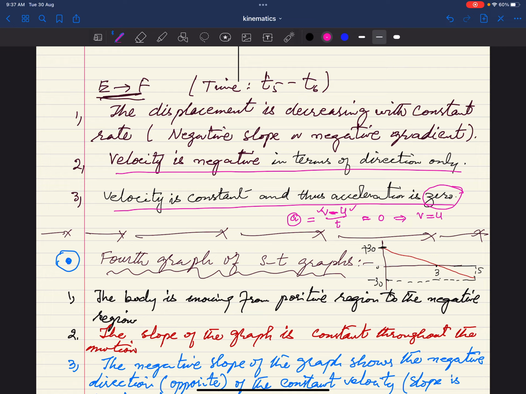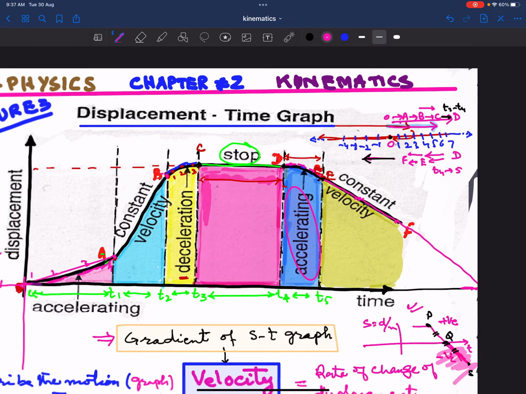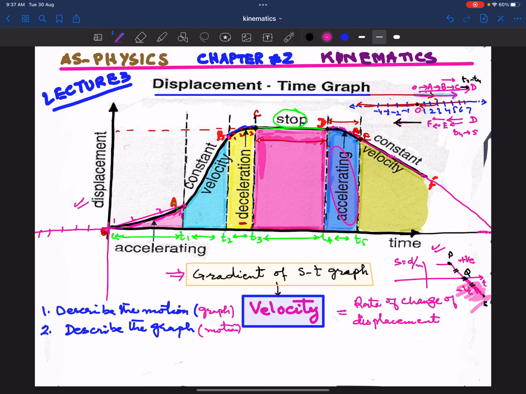So this is important. And if you have understood this graph, then in the next lectures I will give you more details of these graphs, and we will discuss more different cases where the graph will describe a particular velocity.